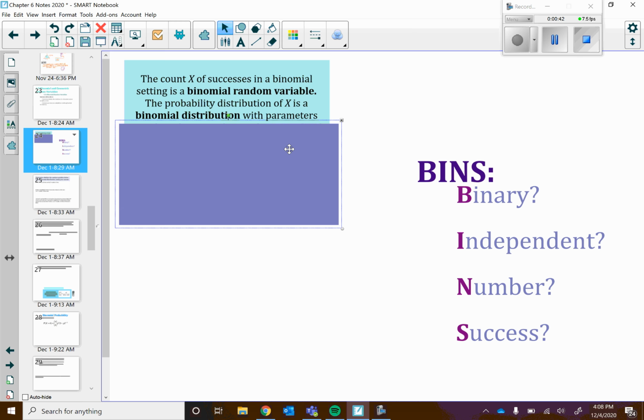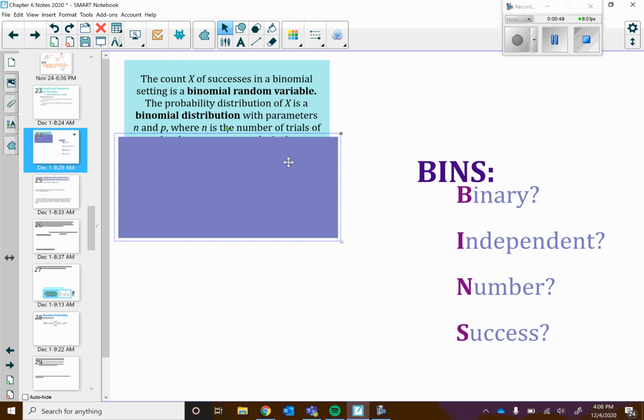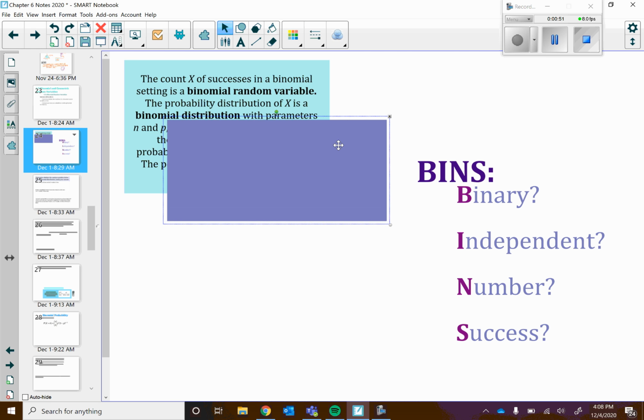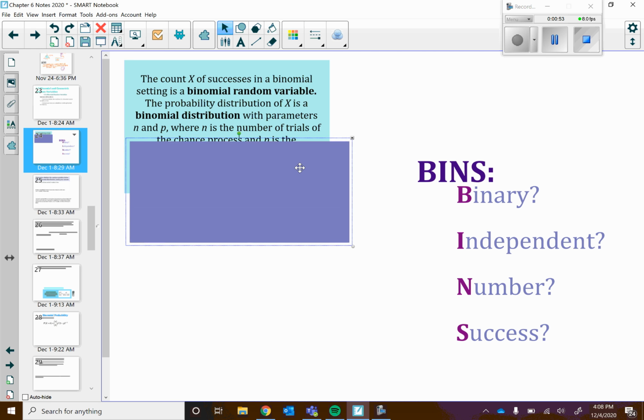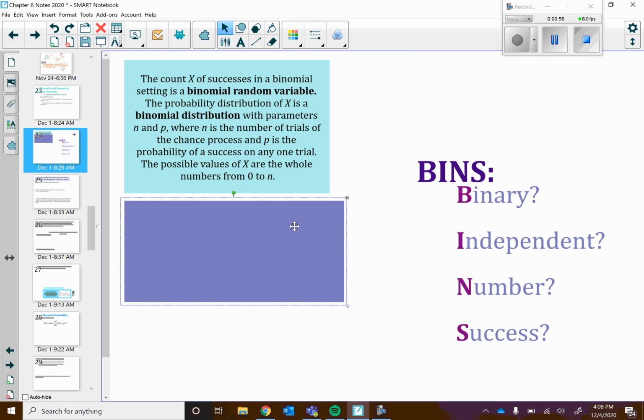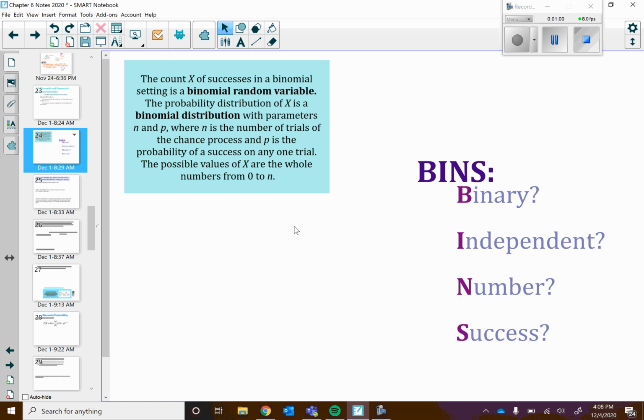The probability distribution of this random variable X is known as a binomial distribution, and it has parameters n and p, where n is the number of trials of this chance process, and p is the probability of a success on any one trial. The possible numbers of X are the whole numbers from 0 to n. If I were you, I would pause the video right now and write down this paragraph.